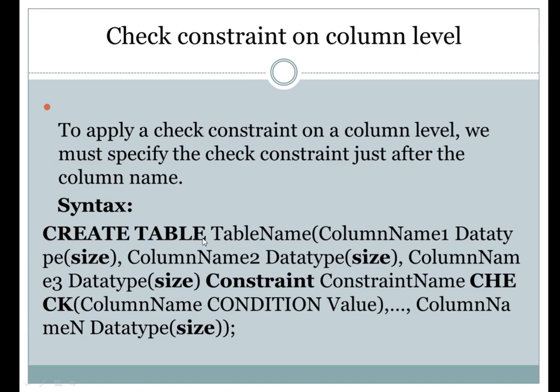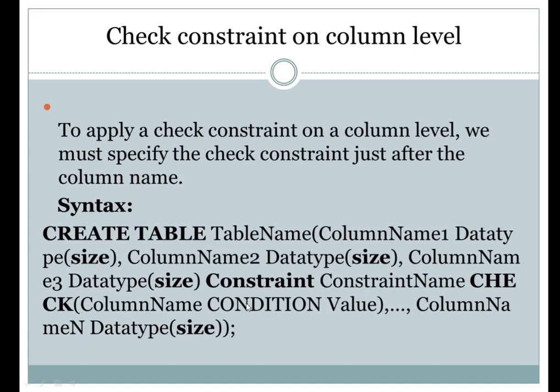Create table, table name, first column name with its data type and size, second column name with its data type and, if required, size, comma, third column name, data type, and we apply a constraint, that is the check constraint, with the help of the keyword constraint followed by the constraint name.